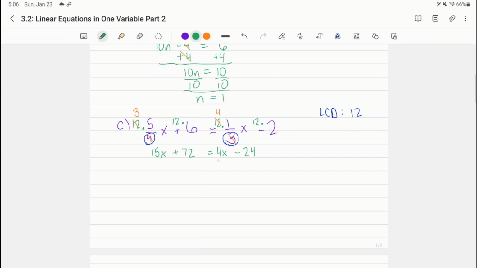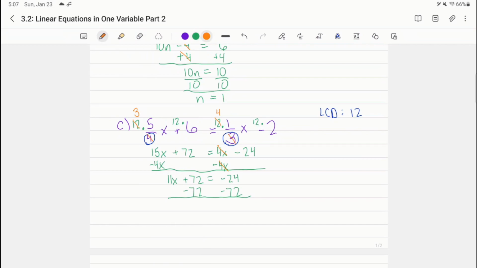So now I'm going to subtract 4x from both sides. 15x minus 4x is 11x plus 72 equals, 4x's cancel out, negative 24. Subtract 72 from both sides.